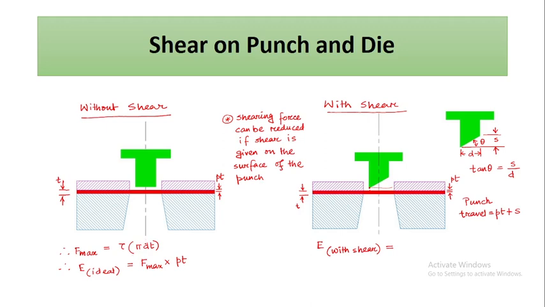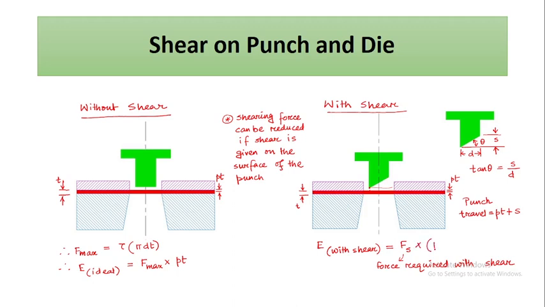F max is the same, so we write the force with shear angle separately as Fs, the force required with shear, into the punch travel.